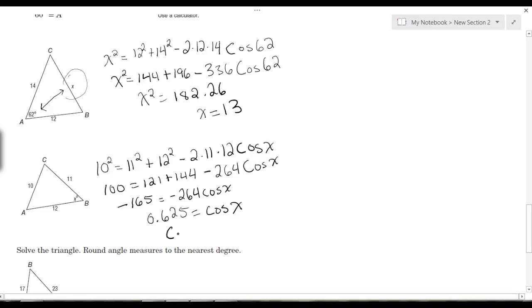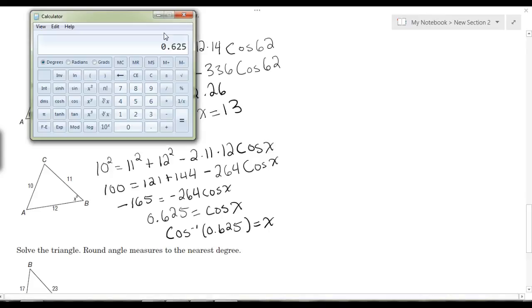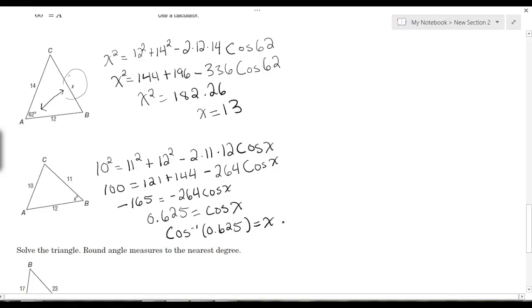So we end up with inverse cosine of 0.625 equals x. So I've got my number here. I'm just going to go ahead and take the inverse cosine of that. And I get that my angle equals 51.3 degrees. So I'll go ahead and write that down. Equals 51.3 degrees.